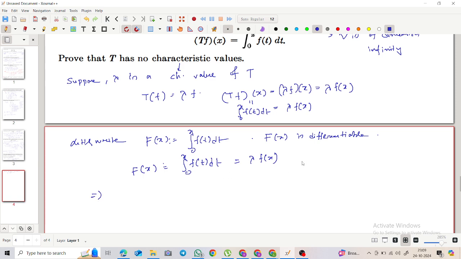Differentiate. So what does it mean? Since LHS is differentiable, RHS is also differentiable. So do F prime x. What do you get?